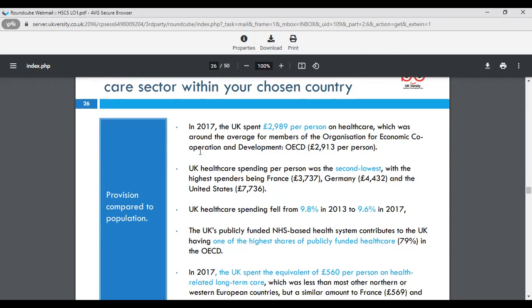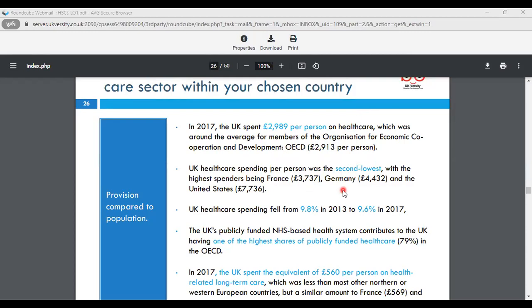So, for instance, in 2017, if we consider the UK expenditure on health, it spent around 3,000 per person on healthcare, and that is around the average number of OECD countries per person. So that's okay. But then if we see, the UK was spending the second lowest.